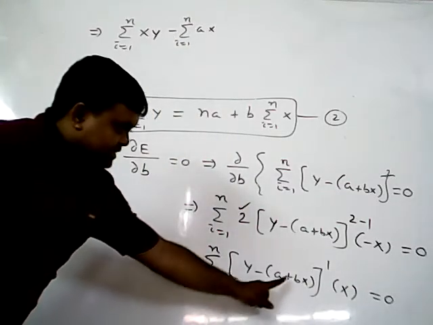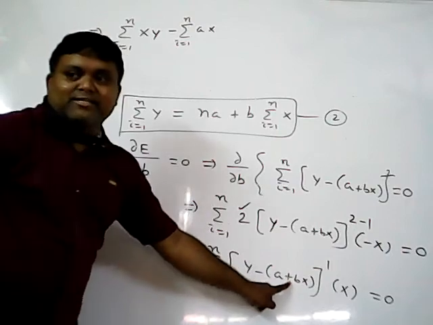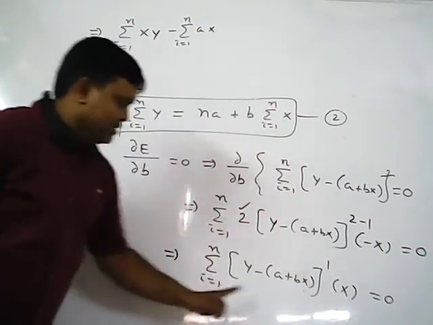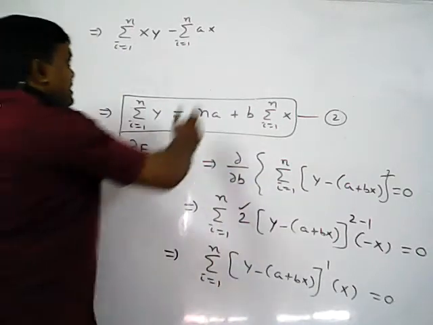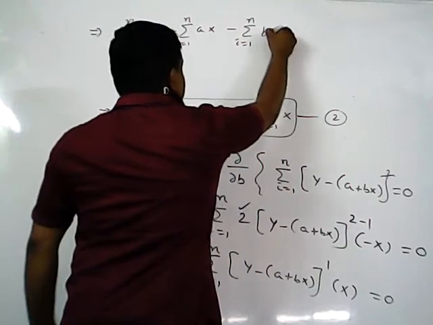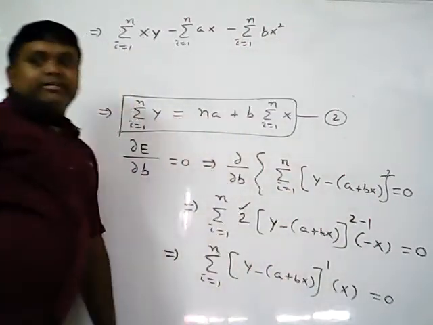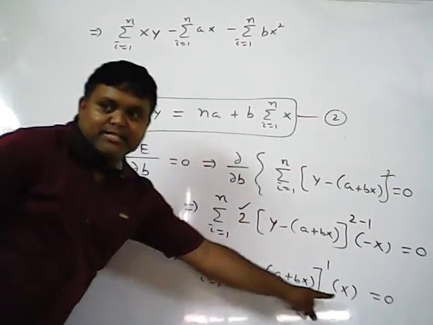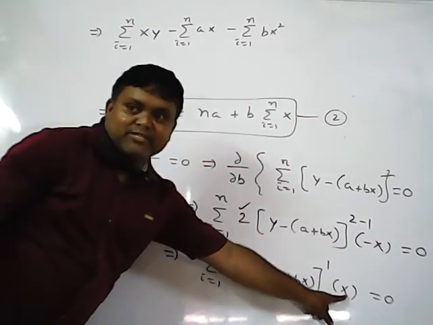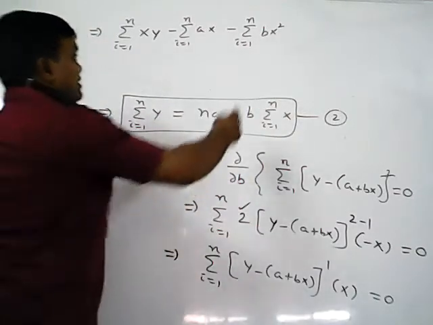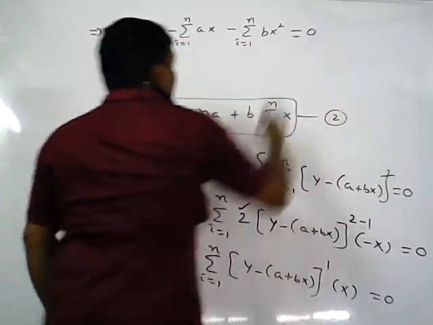Next, minus into plus is minus, so this is minus bx into x, minus bx square into this summation. That means you get minus summation i equal to 1 to n bx square, is equivalent to 0.